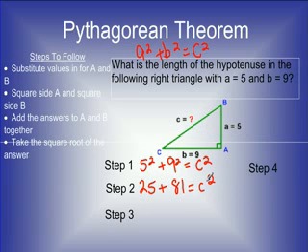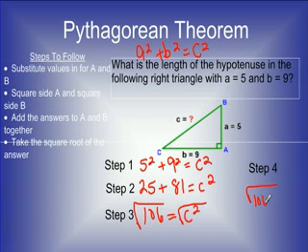Then we're going to add 25 and 81. So 25 plus 81, which is 106, equals c squared. The fourth step, remember, we have to take the square root of both sides to get c by itself. So the square root of 106 equals 10.295, which can be rounded to 10.30.